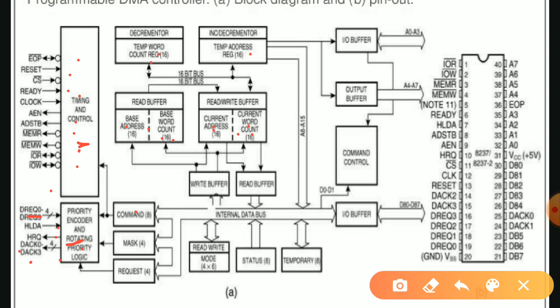This is the command register, the mask register, the request register, the mode register, the status register, and the temporary register. All these registers are helpful for successfully doing the DMA operation by the DMA controller unit. And this is the total block diagram of the DMA controller unit.